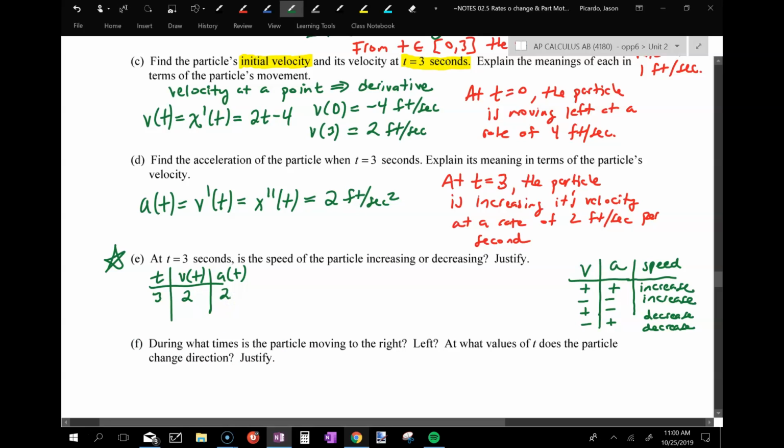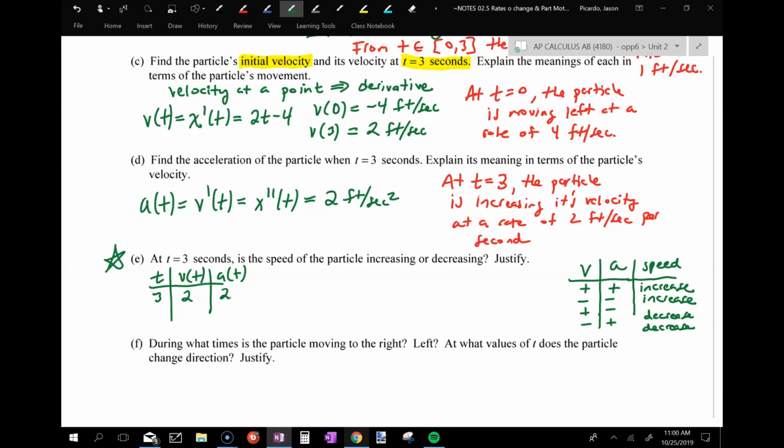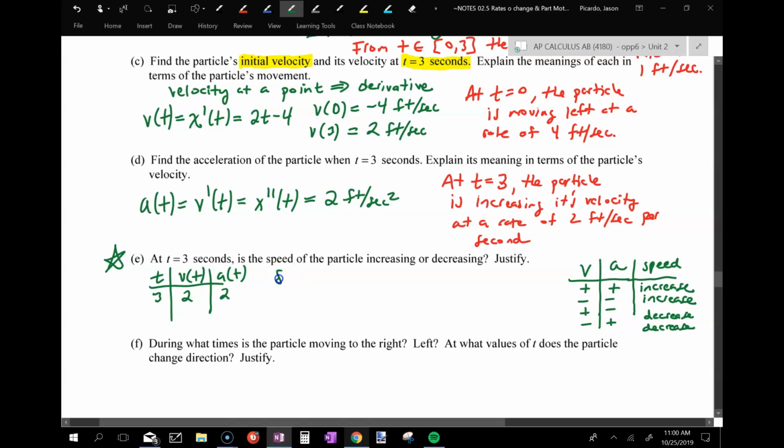So both of those values are greater than 0, right? So what can I say? Am I speeding up or slowing down? Yeah, so since V of t is greater than 0 and A of t is greater than 0 when t equals 3, the particle is speeding up.